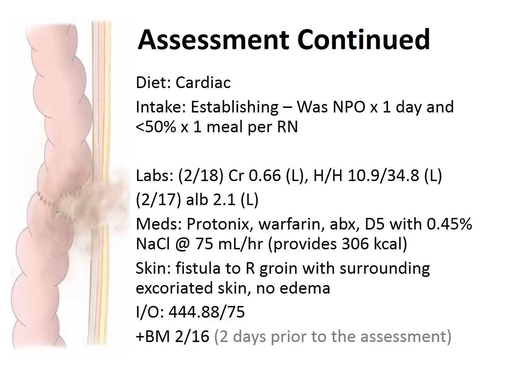So this puts JM into the low output category, since it was less than 200 milliliters per day. It was also important to note the most previous bowel movement, which was 2 days prior to this assessment. Again, giving an indication that the output was most likely low.